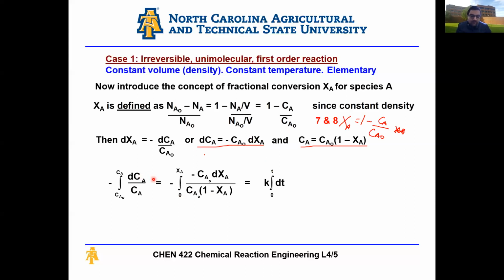So I'm rewriting this in terms of XA instead of CA. So I get minus CA naught dXA divided by CA naught times 1 minus XA, and this CA naught cancels, and this is equal to KT. Continuing with the math, you get basically minus ln of 1 minus XA is equal to KT. Right, and this is also an important equation when testing your data versus the conversion instead of versus the concentration.